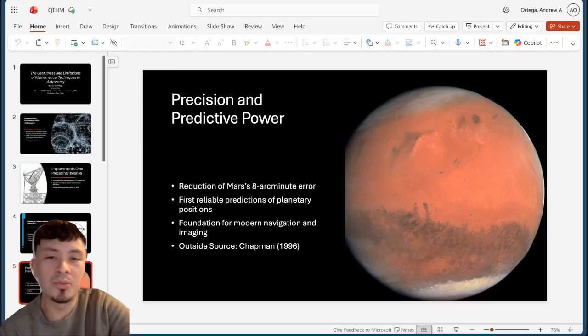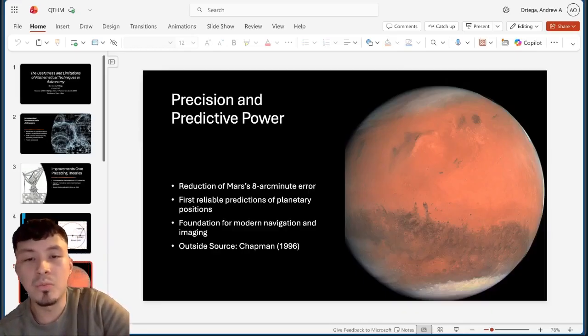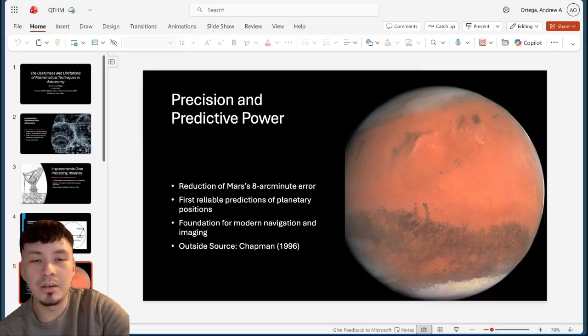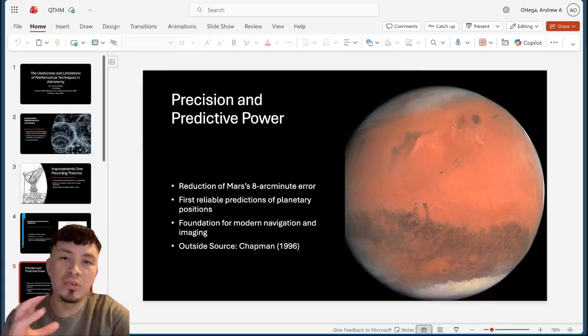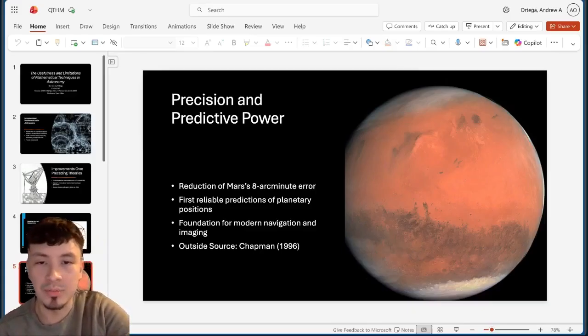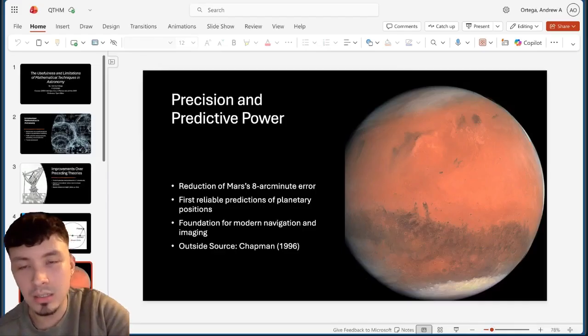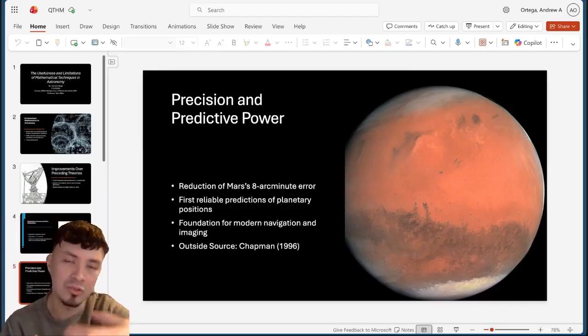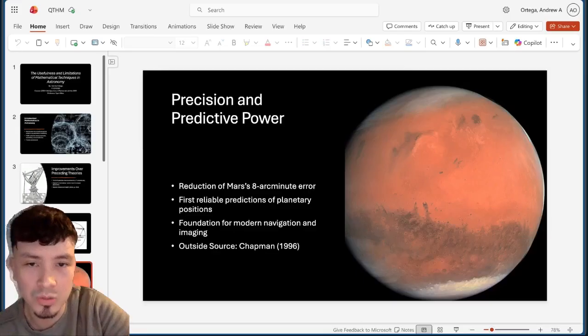The first reliable prediction of planetary positions, a foundation for modern navigation and imaging, and also the way he used precise mathematics in astronomy. In this slide, I put certain bullet points, but I will talk about the rest just so you can get an idea of why I put these bullet points here, right?